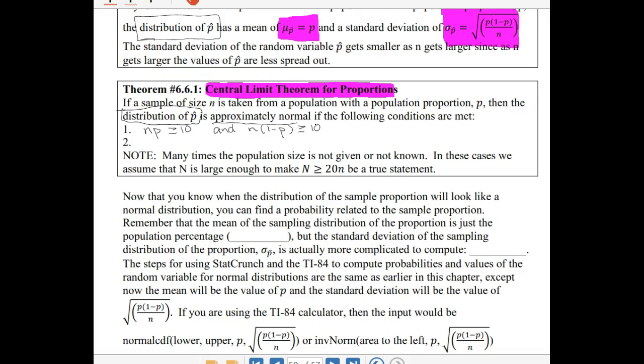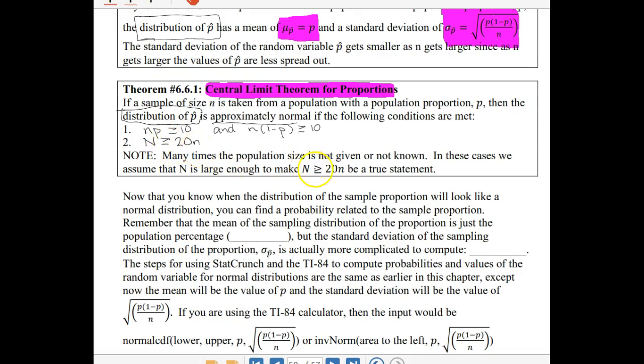The second condition is one that sometimes we can't check because we don't have the population size. Again, as with the binomial distribution, we need independent events, meaning the categorization of one object doesn't affect the categorization of another. So we would need the population size, capital N, to be greater than or equal to 20 times little n.